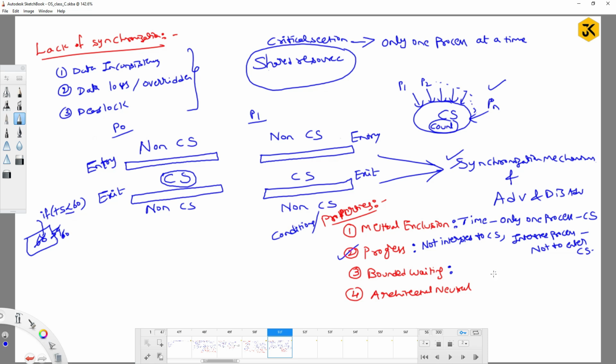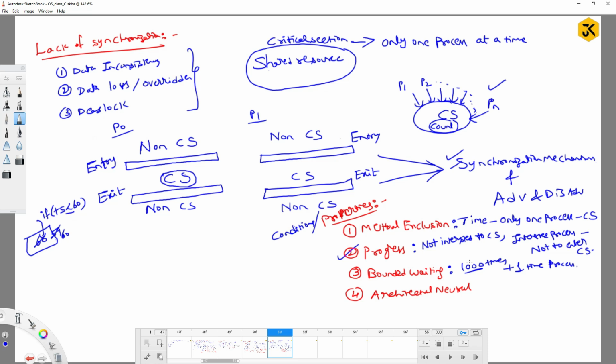I mean, if I am allowing a process 1000 times into the critical section, at least one time the other process should be allowed. That is what I call bounded waiting. You should not stop a process for a long time.